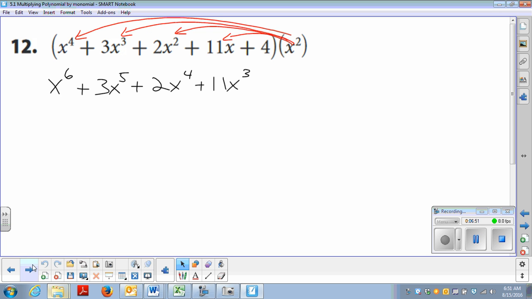Now, I take my coefficient of 1 times 11, which would be 11, and then I add my exponents. There's 2 here, understood 1 here, so I have 3. And last, I have 4 times x squared, which will get me 4x squared.